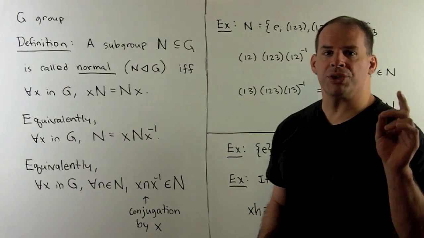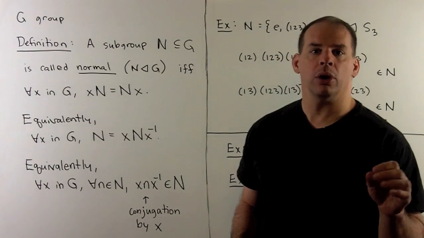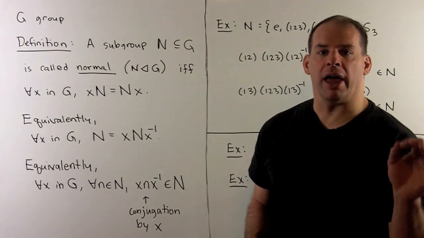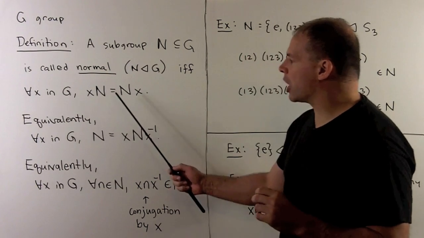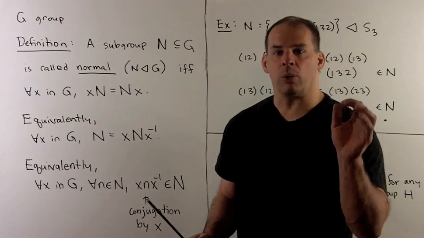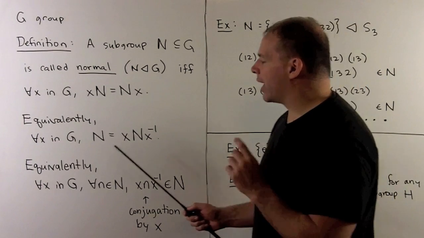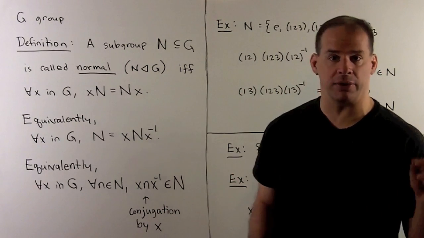Definition: we'll say a subgroup N in G is called normal, written N ⊴ G, if and only if, for all x in G, every left coset is equal to the corresponding right coset. Another way to write this, you can push the x to the other side. So for all x in G, N is equal to xNx^{-1}.